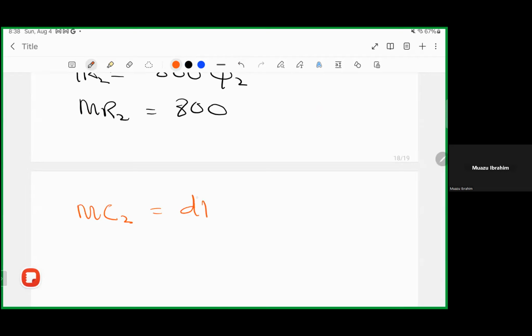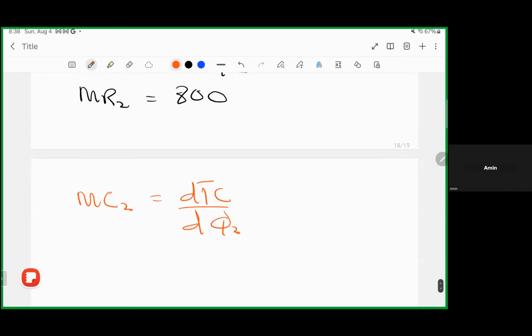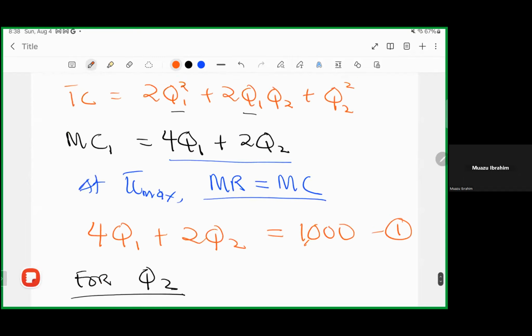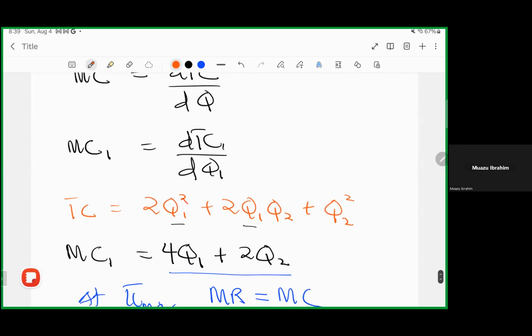This is the same thing as the derivative of the total cost function. So we are going to differentiate this total cost function with respect to Q2. Q2, okay, that's excellent.